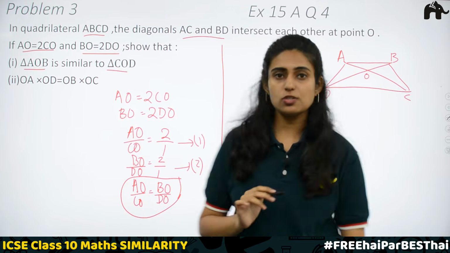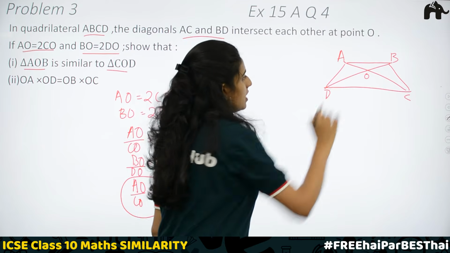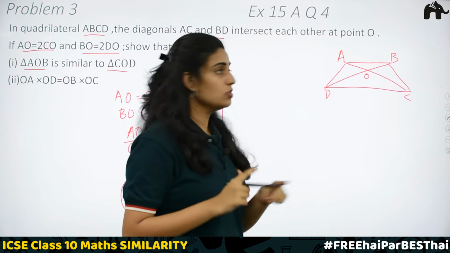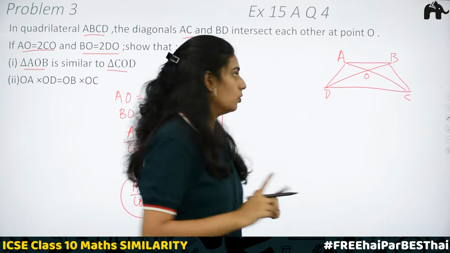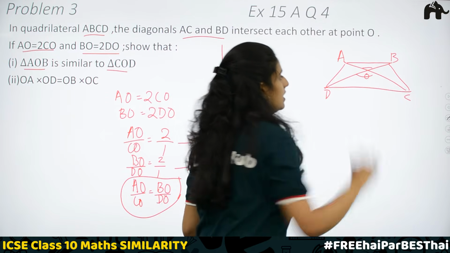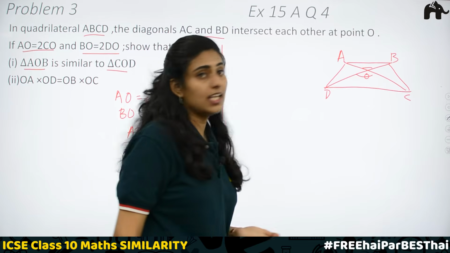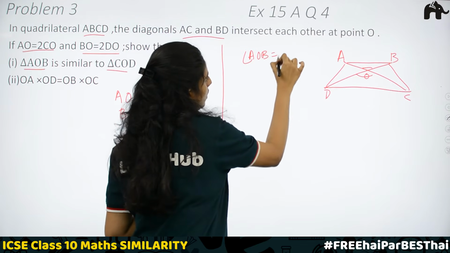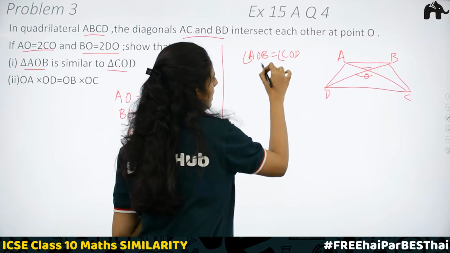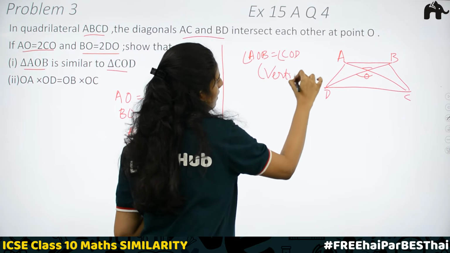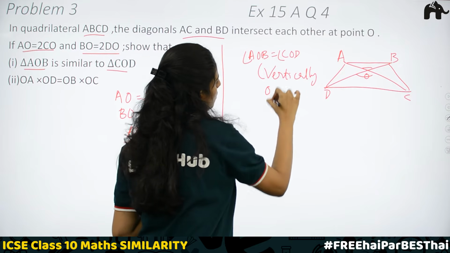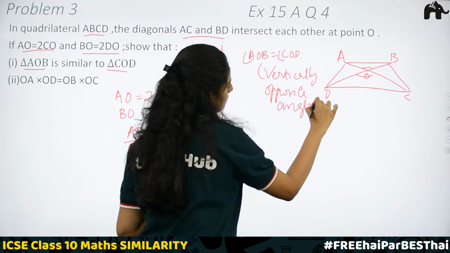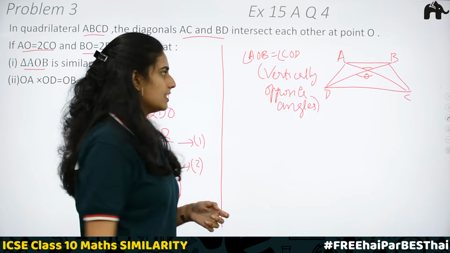Now, we also have, for these two triangles, AC and BD as two lines which intersect at point O. Then these angles are equal. They are known as vertically opposite angles. Angle AOB is equal to angle COD, that is vertically opposite angles. Vertically opposite angles are equal.